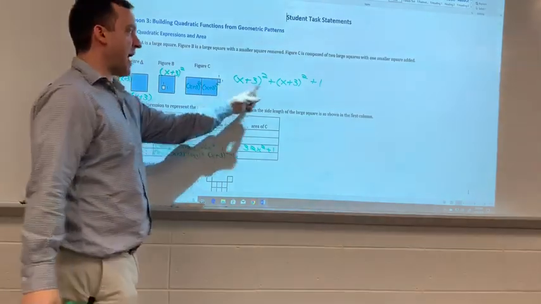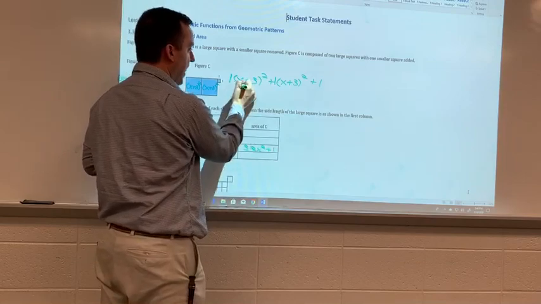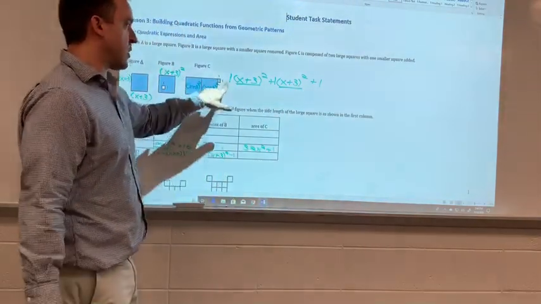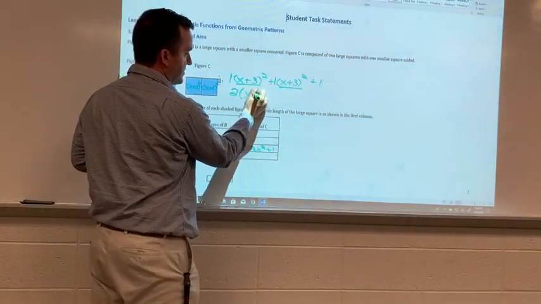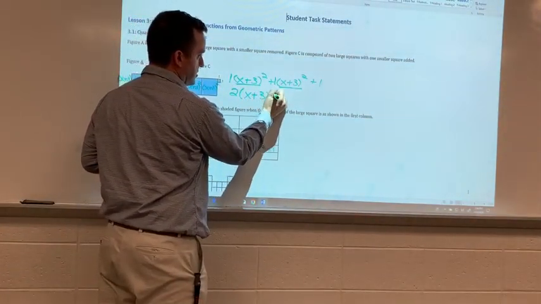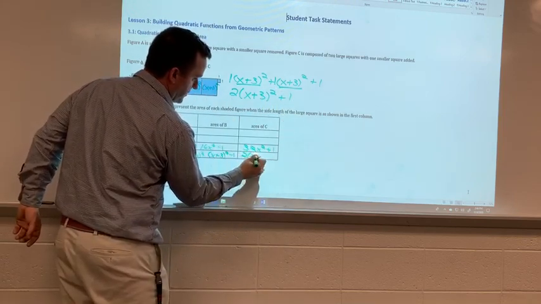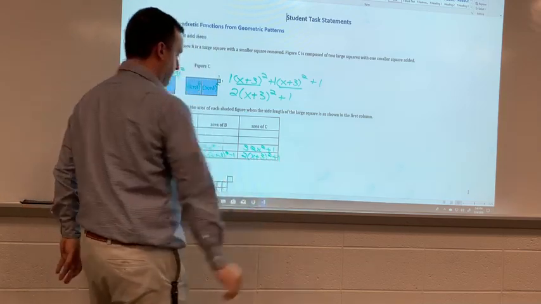So I'm going to show my math and make it visible. I have 1 and 1, and then I have x plus 3 squared plus another x plus 3 squared. So if I add 1 and 1, it would be 2 parentheses x plus 3 squared and then plus 1. So again, 2 parentheses x plus 3 squared and then plus 1.